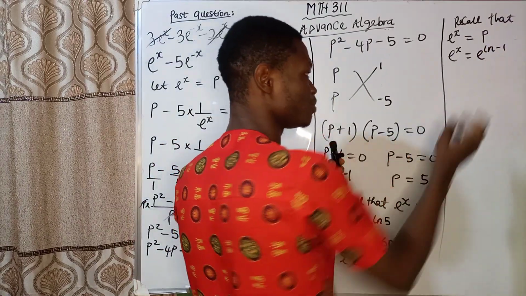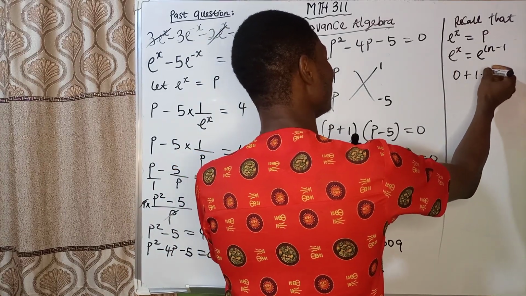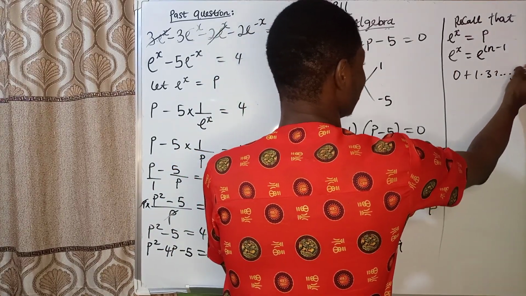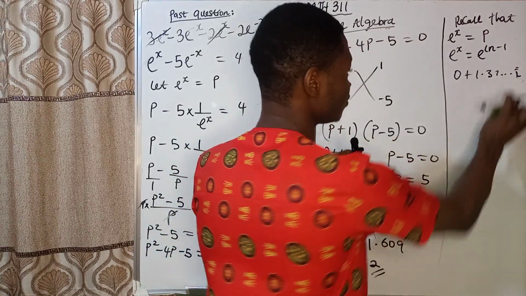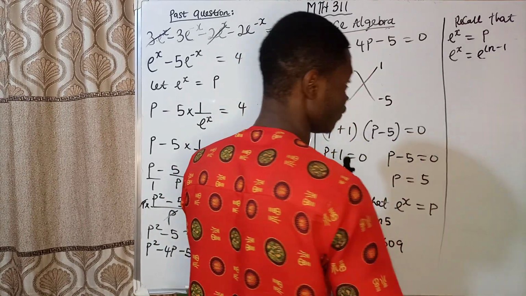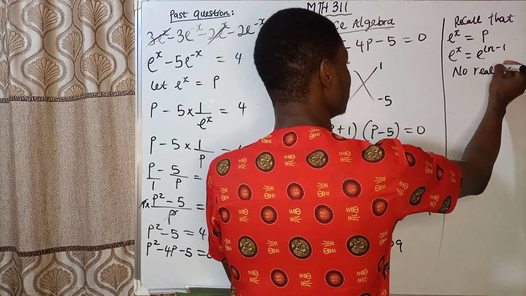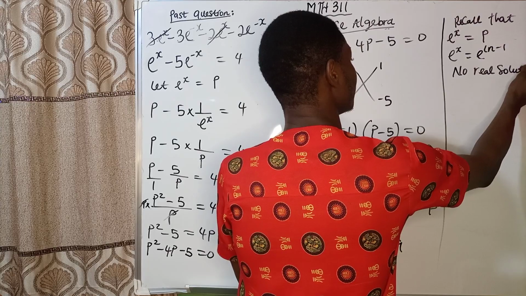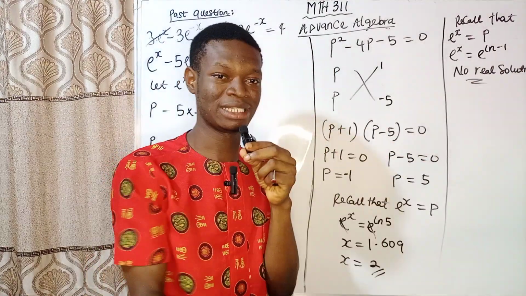And when you have ln of minus 1, you're going to get something imaginary. So at this point, there is no real solution for this one. You can just write no real solution. The solution comprises real and imaginary numbers.